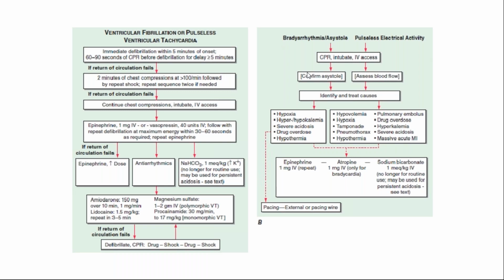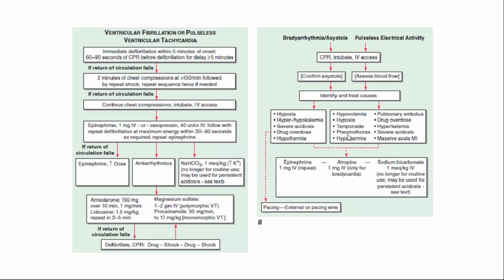After managing the patient with CPR and intubating, look for treatable causes. What could be the possible reason the patient landed up in bradycardia or asystole? Look for the possible causes and treat accordingly. Then initiate adrenaline, give adrenaline to the patient, give atropine, or soda bicarb. These are basically the causes: the patient developing hyperkalemia, pulmonary embolism, massive acute MI, hypovolemia, hypoxia, or tamponade.